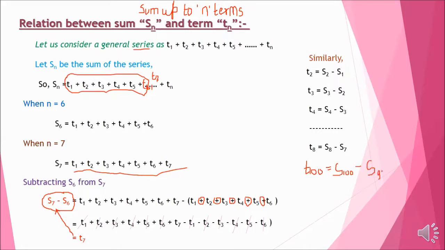Now this is the formula we have to remember: Sn minus S(n minus 1) is equal to Tn. This is the relation between sum and term. Sum up to n terms minus sum up to one less term is equal to Tn. This is the formula we have to remember always.